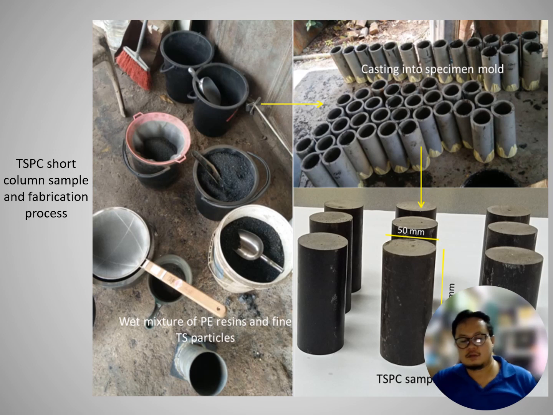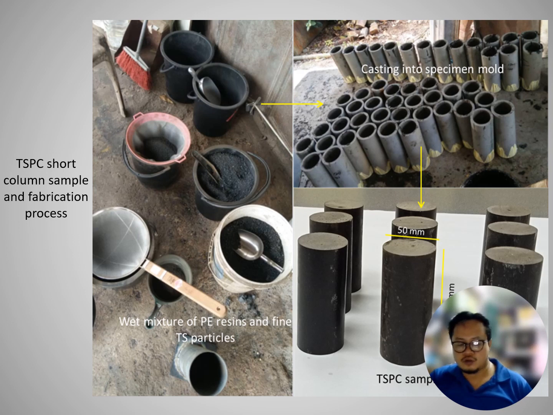To fabricate tin slag polymer concrete, we generally start with pre-treatment of the raw tin slag, which involves drying and crushing it into fine particles. Then the fine tin slag particles are mixed with polyester resin and cast into a specimen mold.